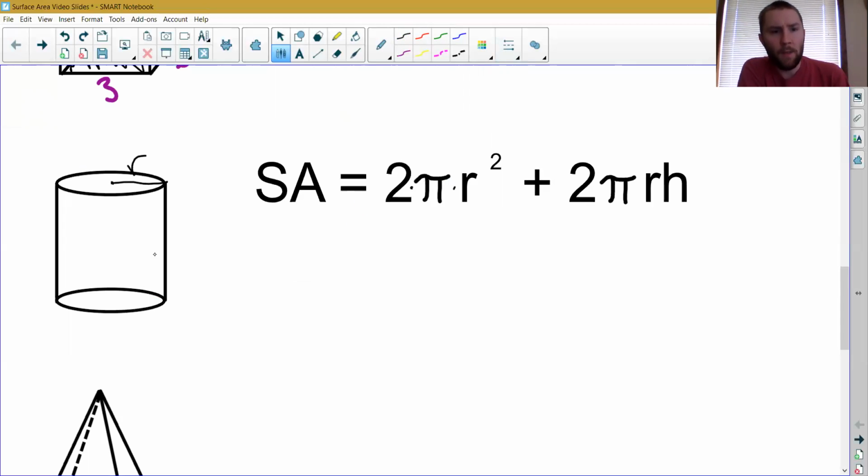And then the rest of the surface area of the cylinder is, imagine you have a soup can, like Campbell's soup, and you want to peel off the label so that you just get down to the tin can, okay? If you were to unfold that soup can label, it would be a rectangle.